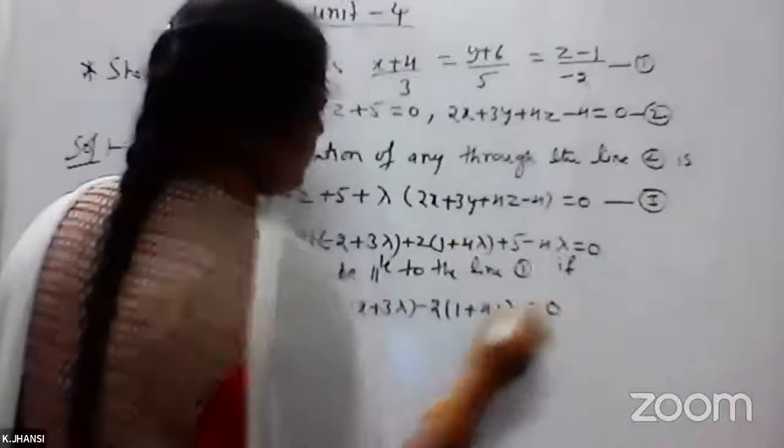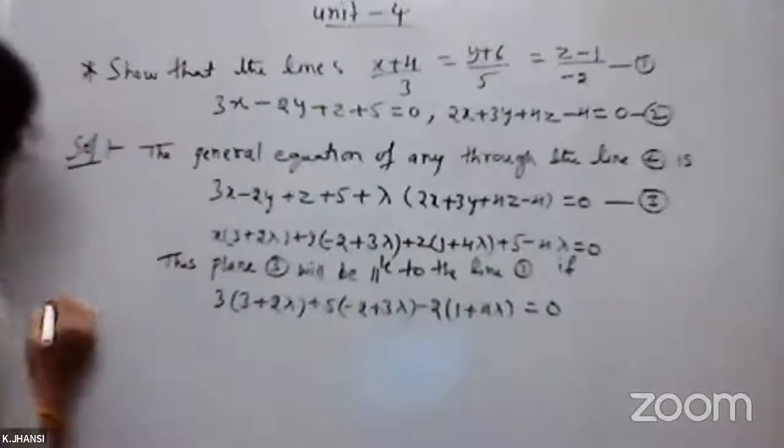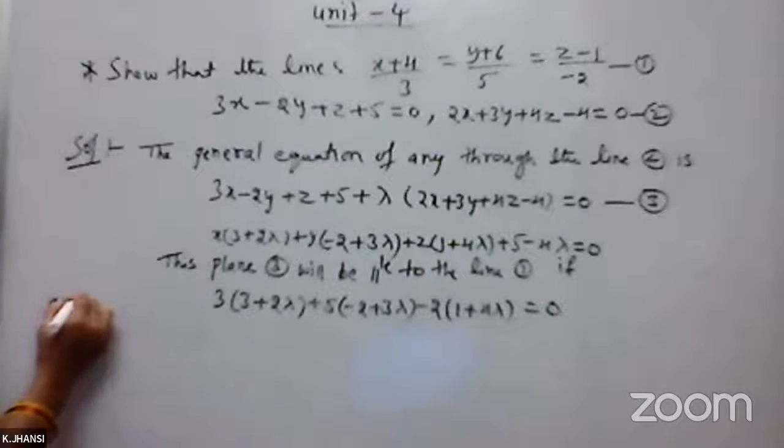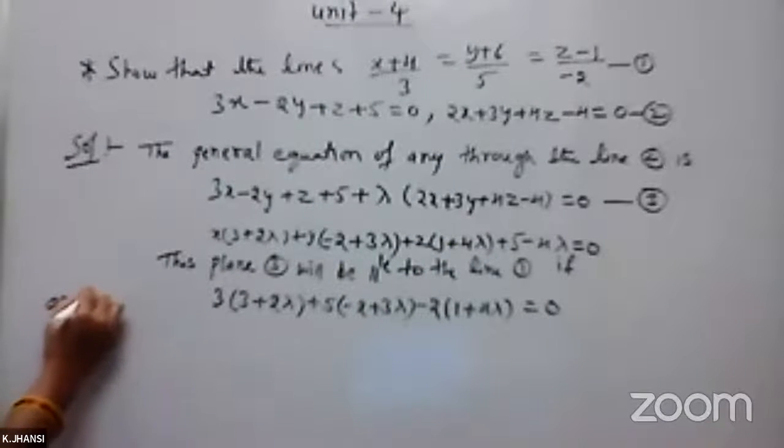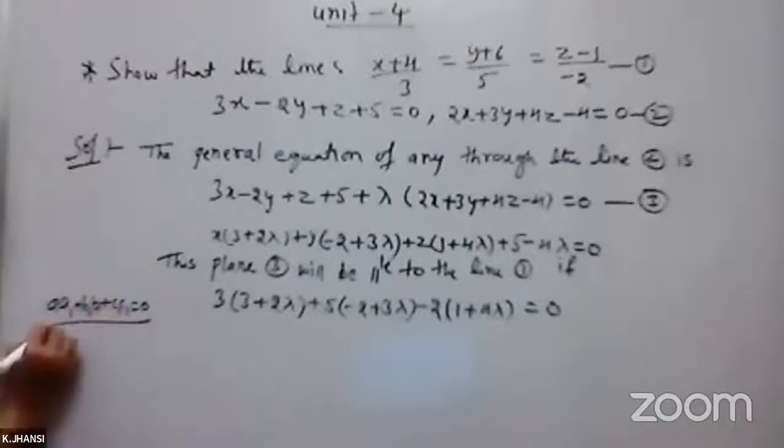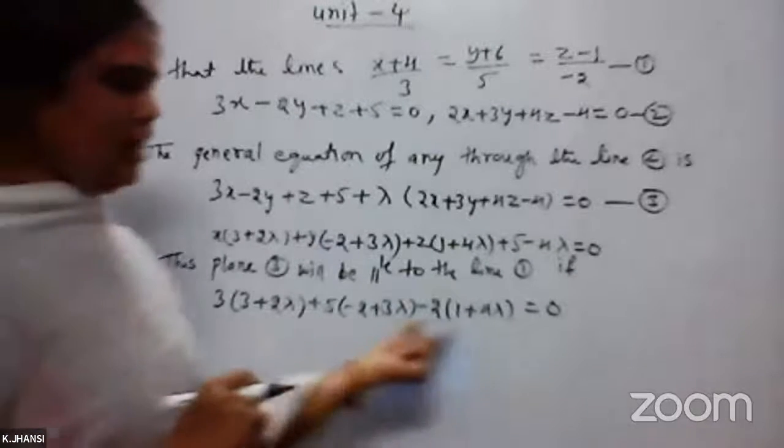Here the constant term will not be there. Why? Because perpendicularity is only aa1 plus bb1 plus cc1 equals to 0. Okay, through that only we are taking this.